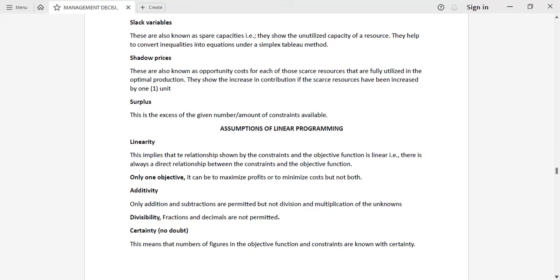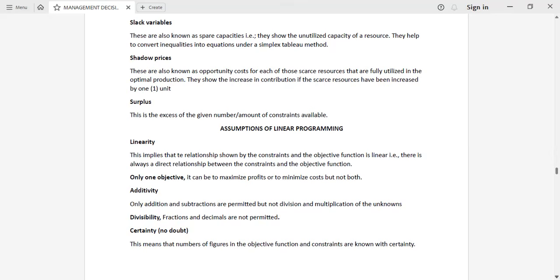So for example, you may find that in an organization, we want to maximize profit. We want to minimize costs. Those are the most common things that we may look at under the MDC: maximizing profit or minimizing costs.